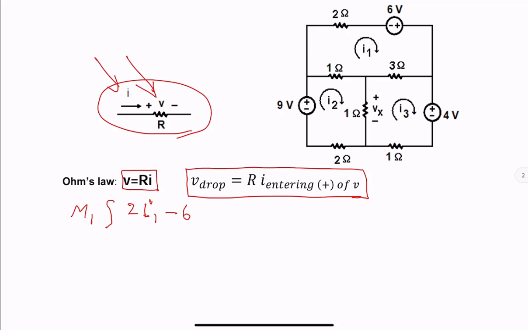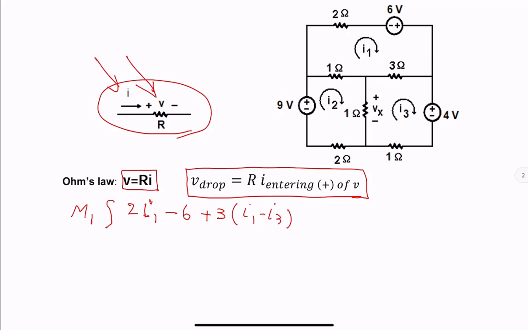We see the 3 ohm resistor. We are interested in branch current going from right to left in the direction of I1, opposite to direction of I3. So that current is I1 minus I3.